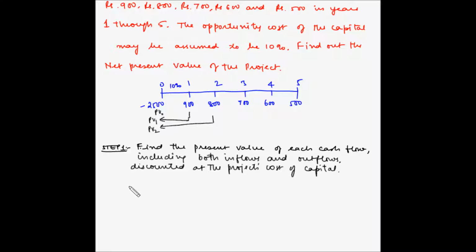Now we know that the formula for compound interest is A is equal to P into 1 plus I to the power n.